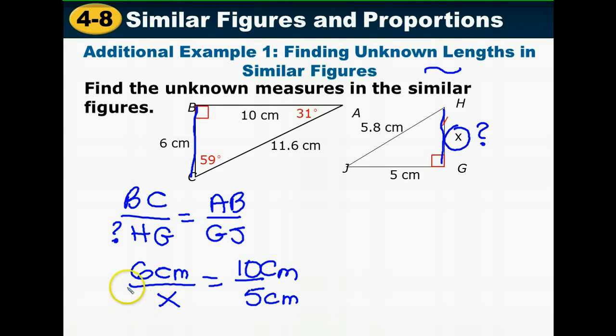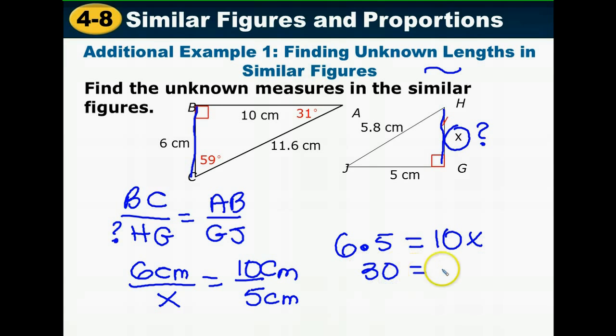So 6 times 5 equals 10 times X, and that will be 30 equals 10X. Dividing both sides, we see that X is 3. So the side right here will be 3 centimeters.